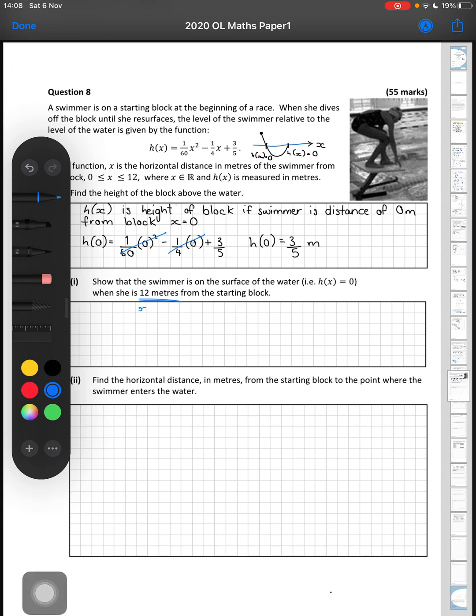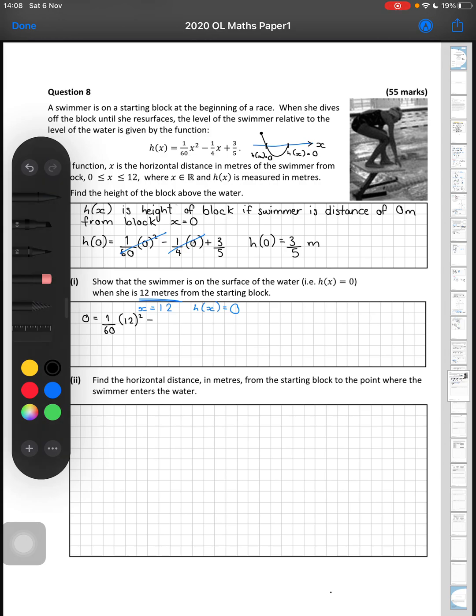We don't even need to realise that because it actually gives us that h of x is 0. Then it says she's 12 meters from the starting block, which means her x value is equal to 12. And h of x is equal to 0.